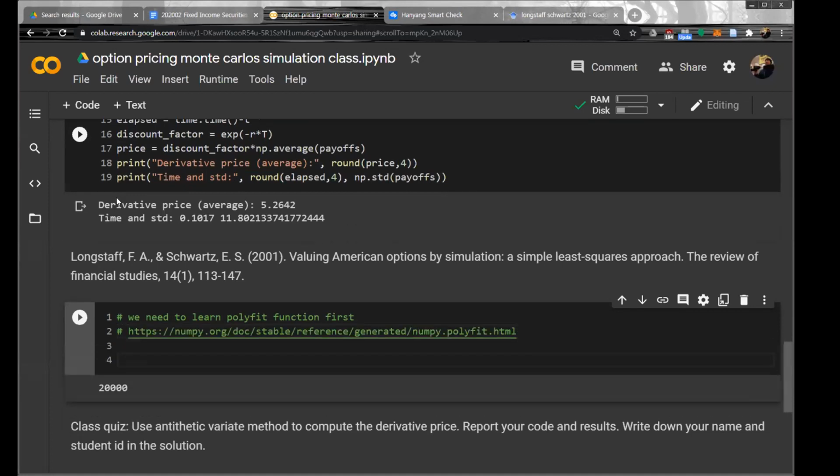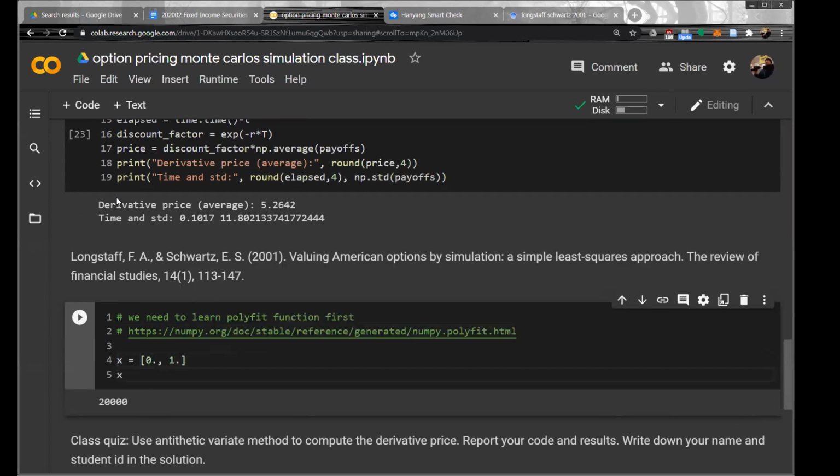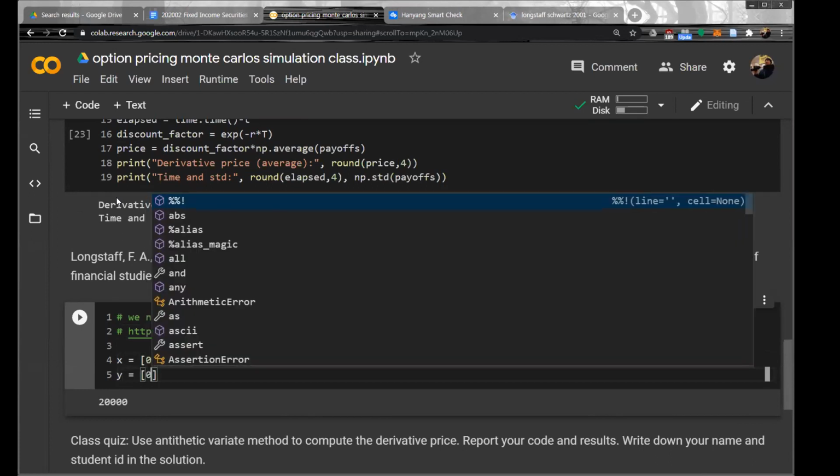So where do we start? Let's start with a very simple one. Suppose we have data: X equals 0 and 1. When X is 0, suppose Y is 0.